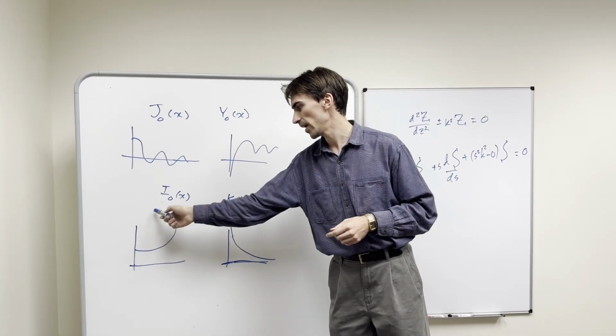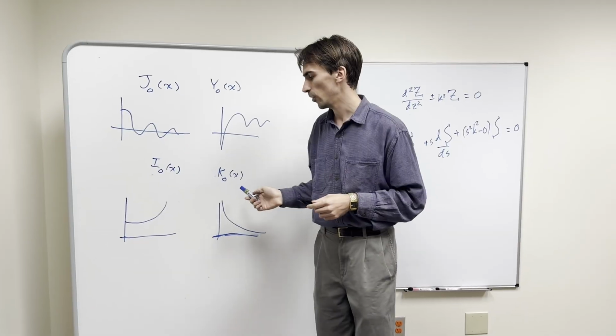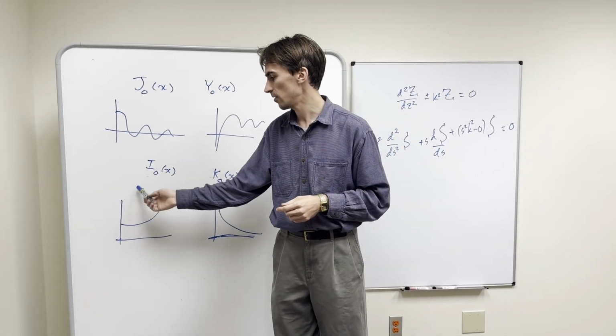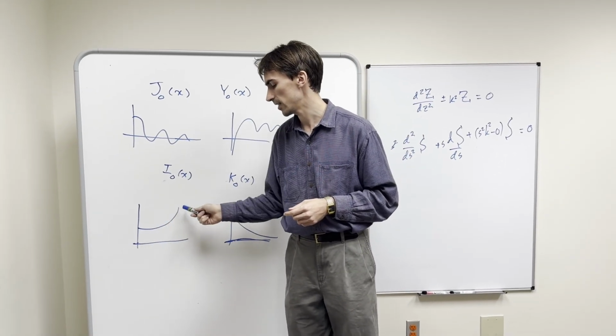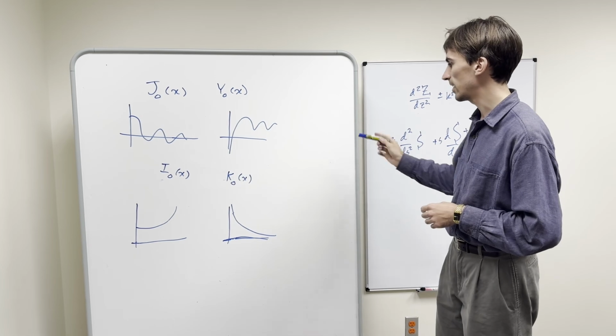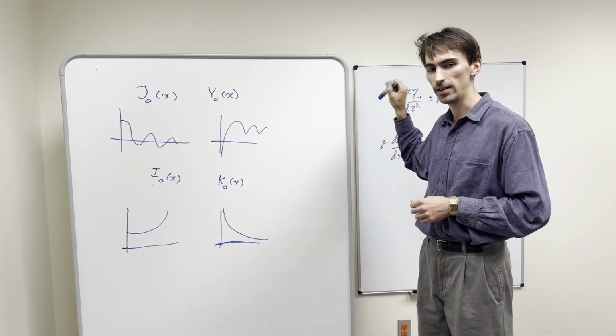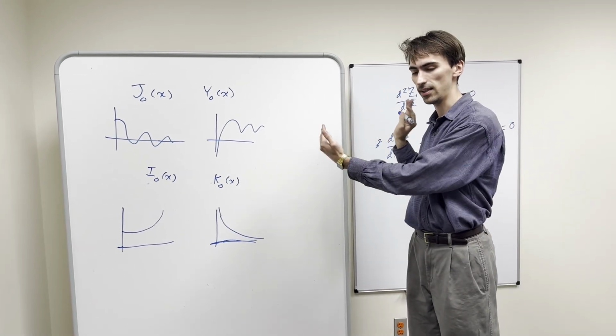So the modified Bessel functions, these don't work. The first kind never crosses 0, and radially on our cylinder we need it to get to 0 at the outer edge.